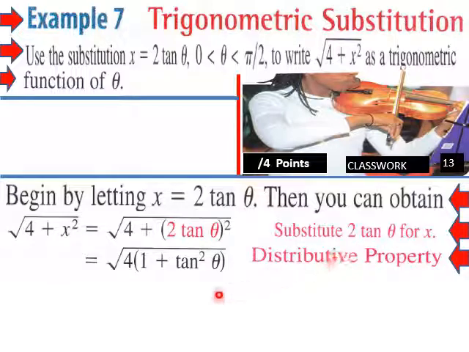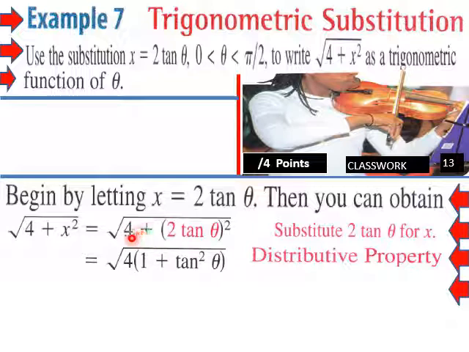So there's our substitution. And then when we do our squaring here, we end up with 4 times quantity 1 plus tan squared theta, using our distributive property here.